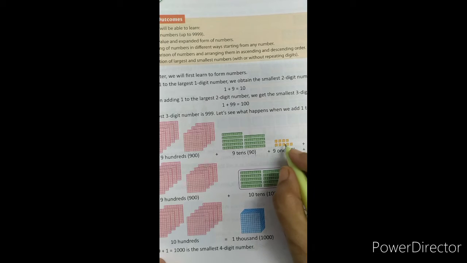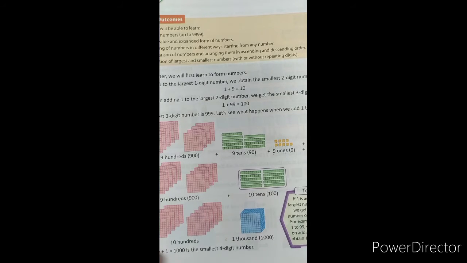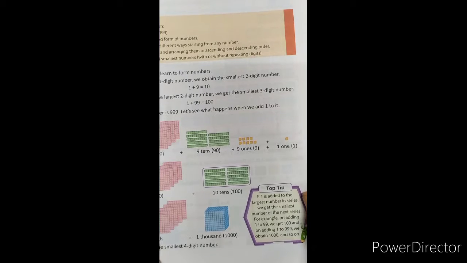If this is one cube, then here there are 9 cubes. So it is called 9 ones. This is 9 ones, and then you have again one small little cube, and since this is only 1, you have written 1.